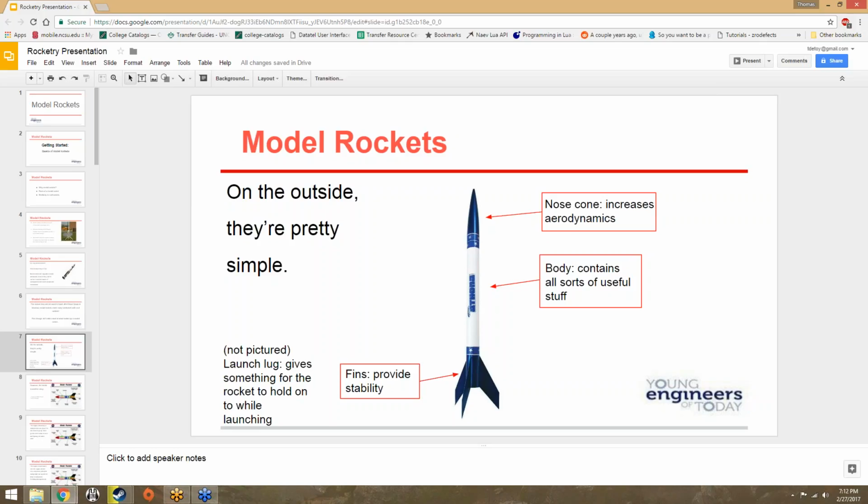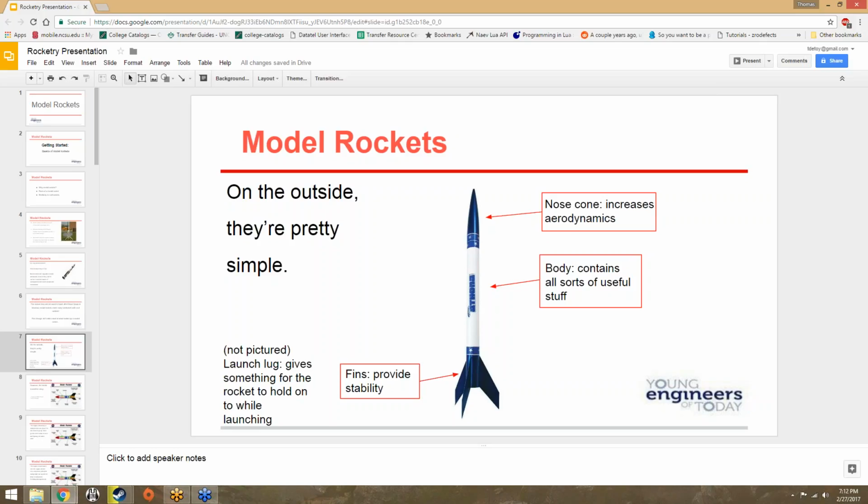Because usually model rockets need a little bit of guidance right in the beginning, because they need to get up to a certain speed in order to fly with any semblance of stability. Any slower than that, and they run the risk of wiggling about and not being stable at all.